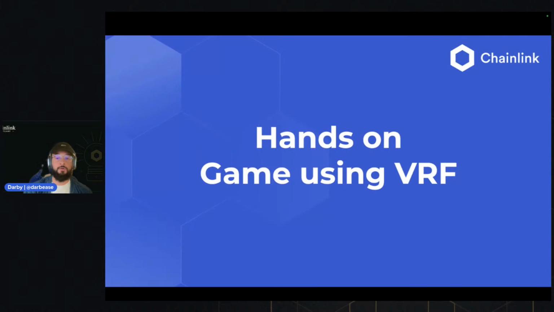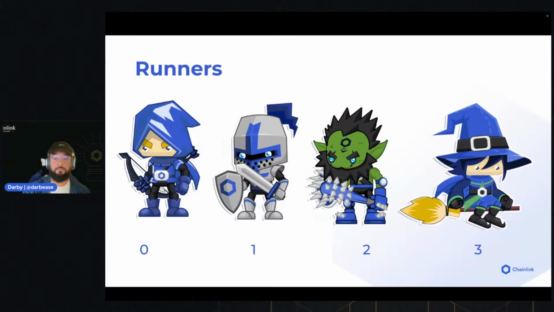So instead of talking about it, we're going to go right hands-on into building our own little game. This game is going to be called Runners. We're going to have 2 characters. We're going to mint them ourselves, and those runners are going to run a certain distance based off of the random numbers that we generate.